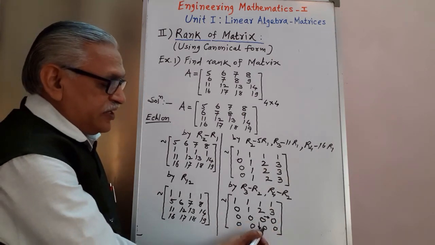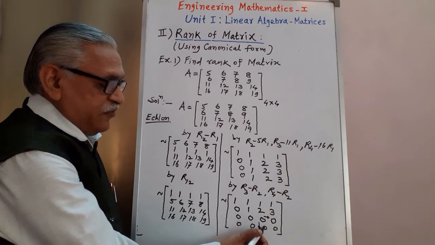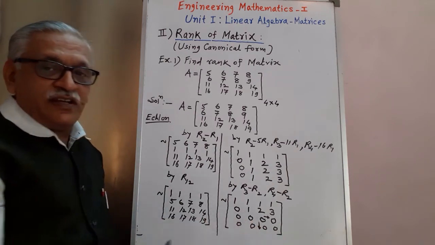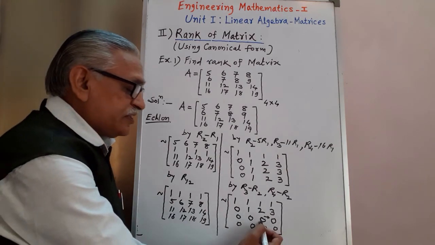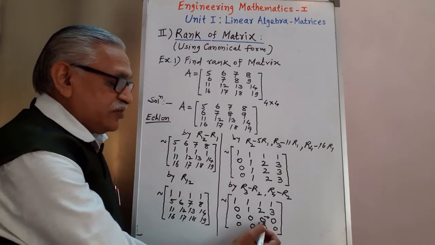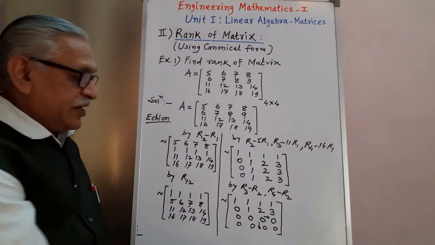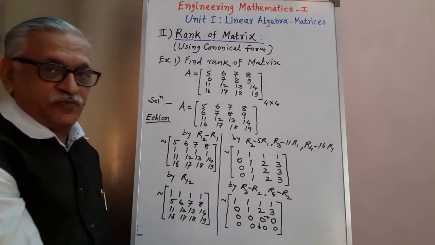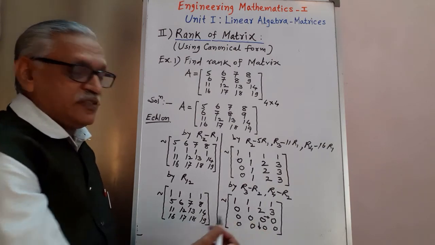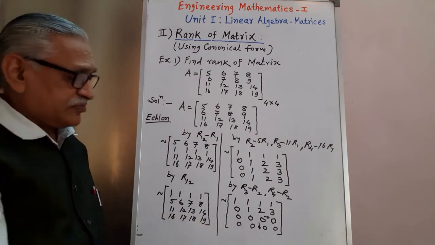Element below it is again 0. If we interchange these two rows, we have the same 0. And if we interchange these two columns, 0 remains 0. Means it is not possible for us to make this 0 non-zero. Means we have to keep this 0 as it is.